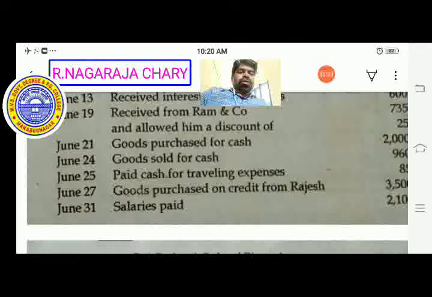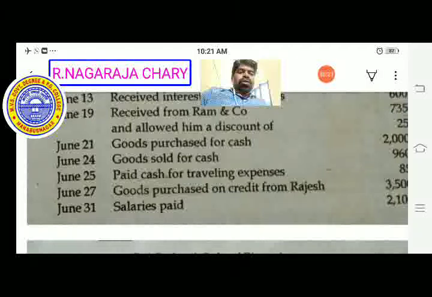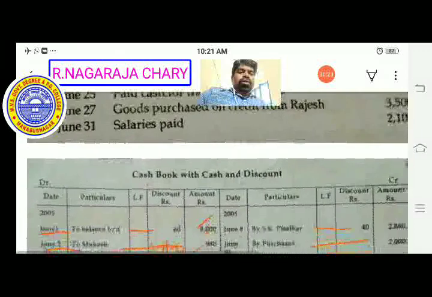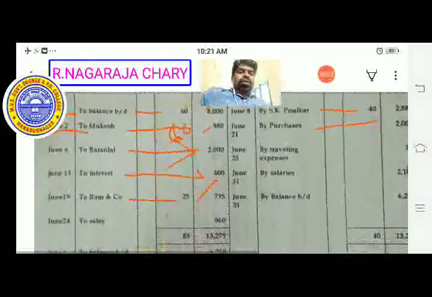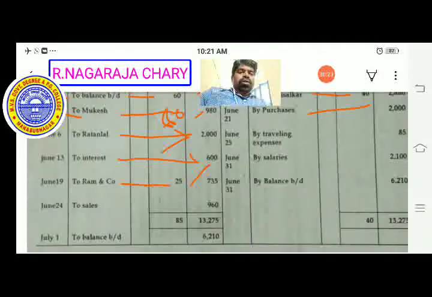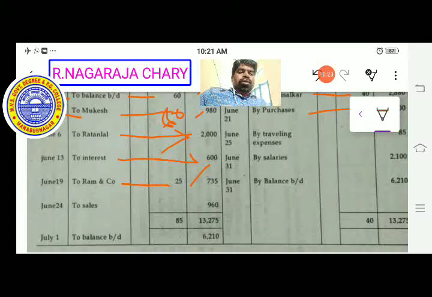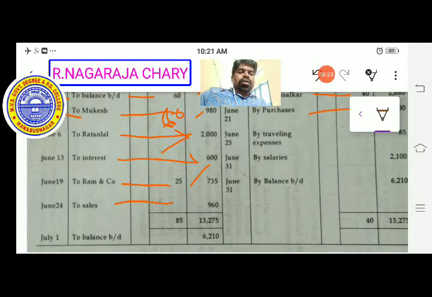Next, on 24th, goods sold for cash. So, when we are selling goods worth 960, it is to be written as a receipt. Sales is to be written as a receipt, 960 rupees.